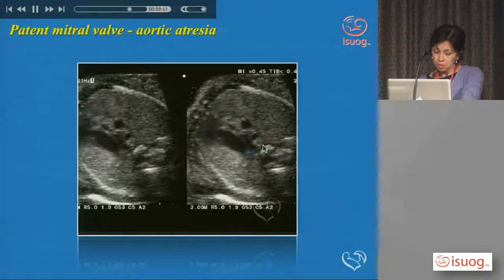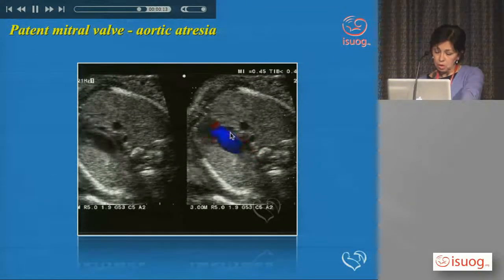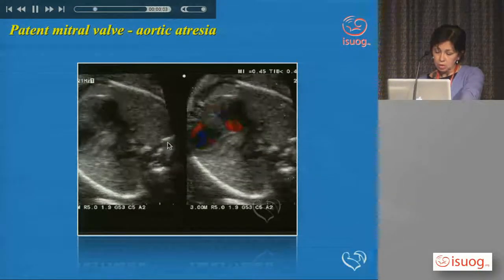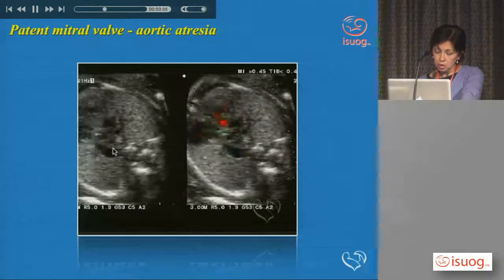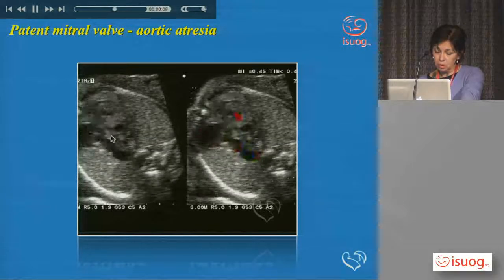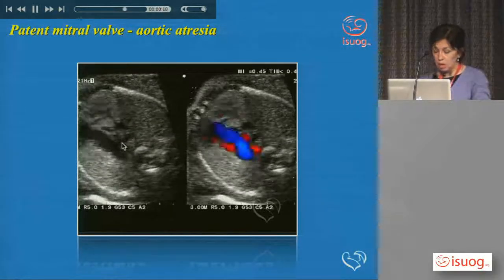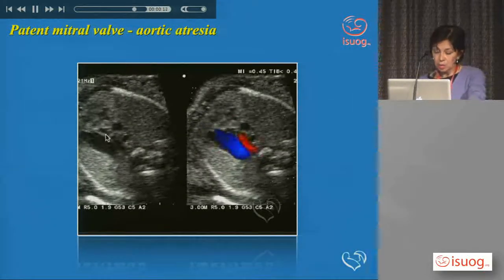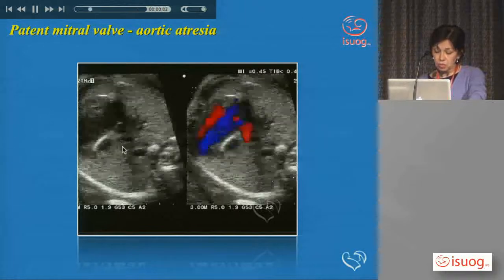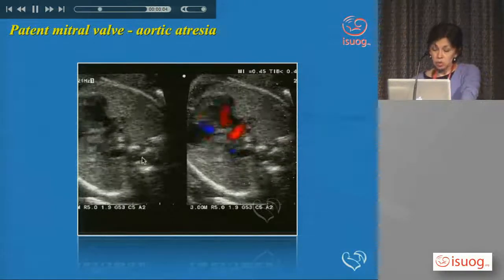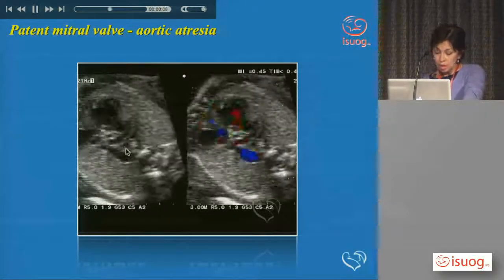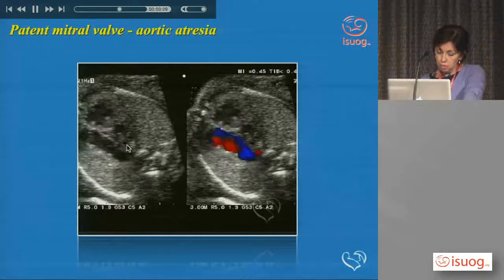You see here reverse flow through the transverse arch, and you can see the 2D image of the transverse aortic arch, which we couldn't see on the other case. So the size does vary. The bigger it is, obviously the more room the surgeon will have to do the aortic arch reconstruction, and there is a little bit better survival rates there.